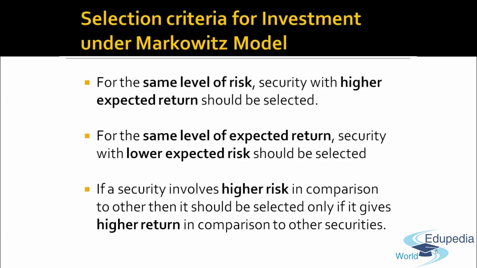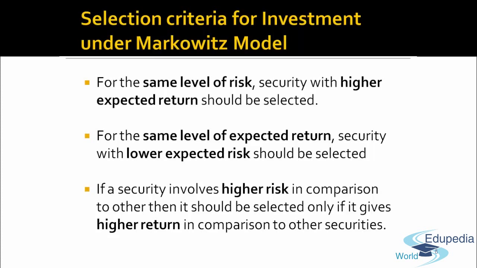So in the Markowitz model, there are three criteria on the basis of which a security is selected and included in a portfolio. An investor will only invest in those securities which provide a higher rate of return at the same level of risk. A higher risk will only be accepted if that security is providing high return.